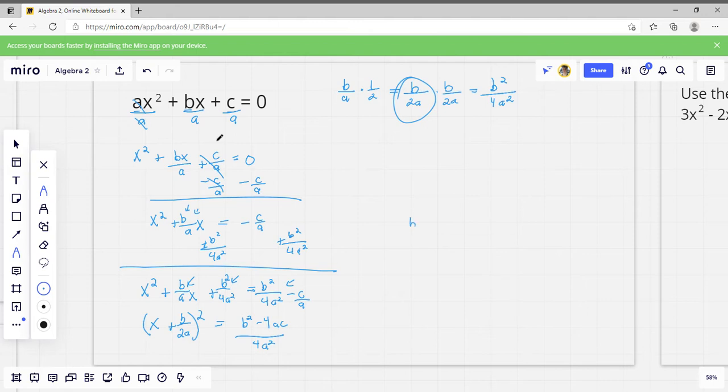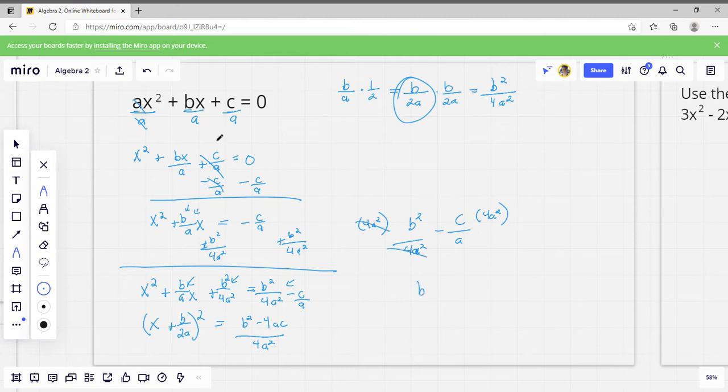If I've got b squared over 4a squared and I want to add them, I need to multiply this by 4a squared, and those cancel.